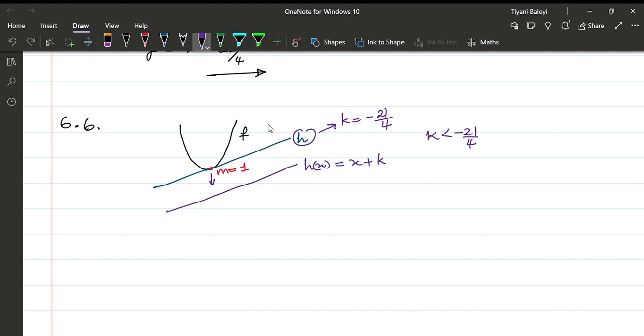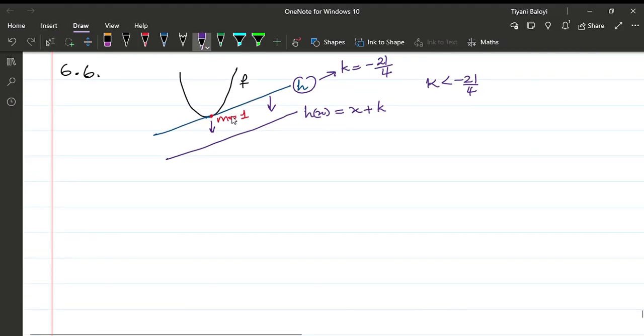Down. These ones will mean that your graph h is shifted down, so it won't touch what? Your function f. So what is the solution? Therefore, the solution is just k is less than minus 21 over 4, right?